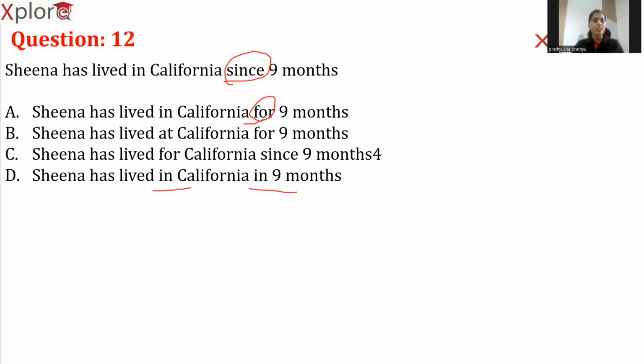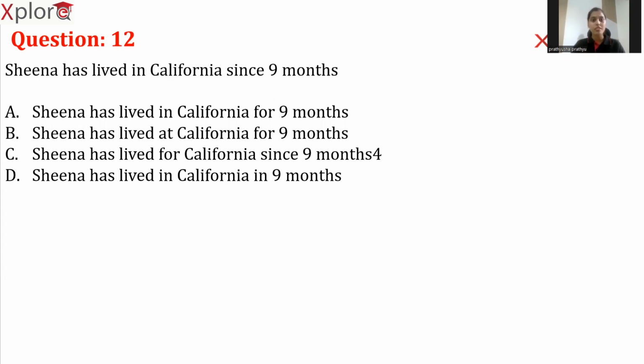Why? The term since refers to the starting point of an action, and there is no ending point. For example, I have been living in Hyderabad since 2019. I started living in Hyderabad in 2019, and even now I'm still continuing the same action.